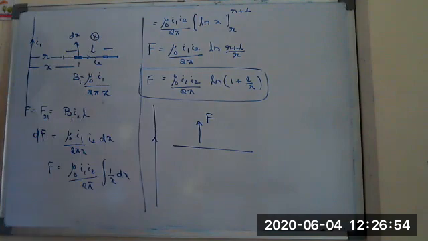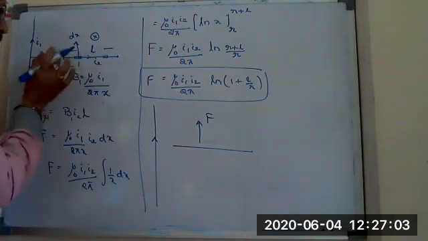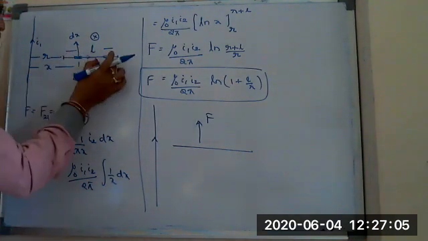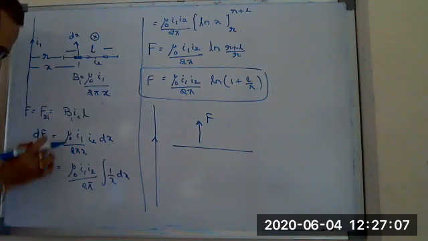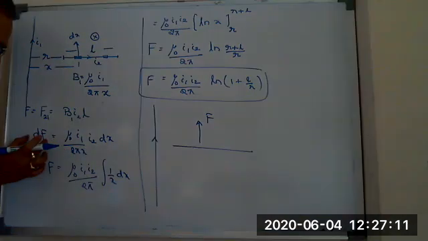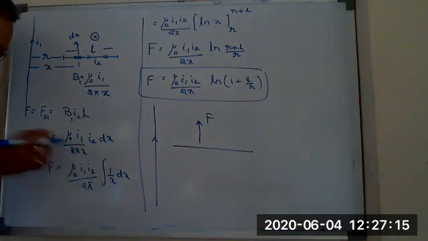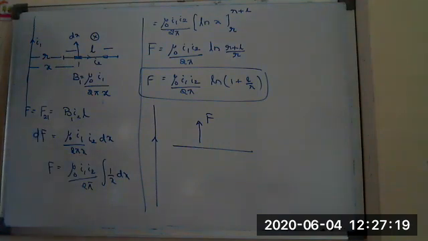That force we calculated is the net force acting on the conductor. But if you find the force on each element, that force is not the same. It is maximum at lesser distance and minimum at more distance.